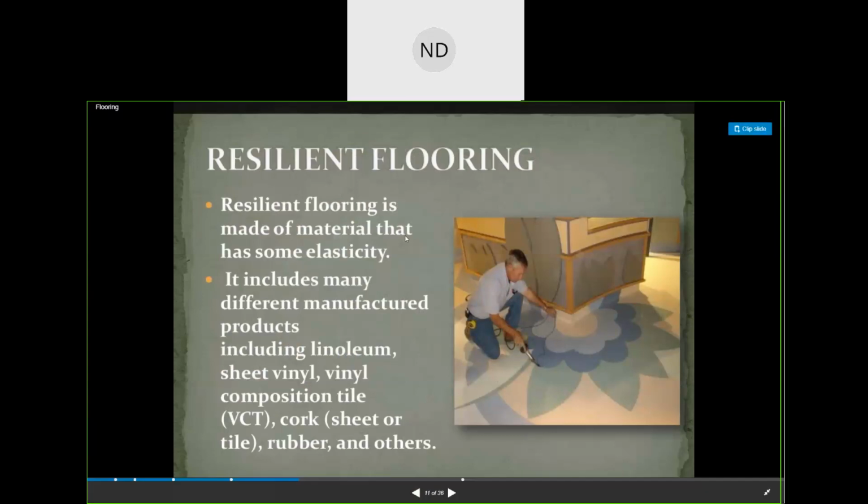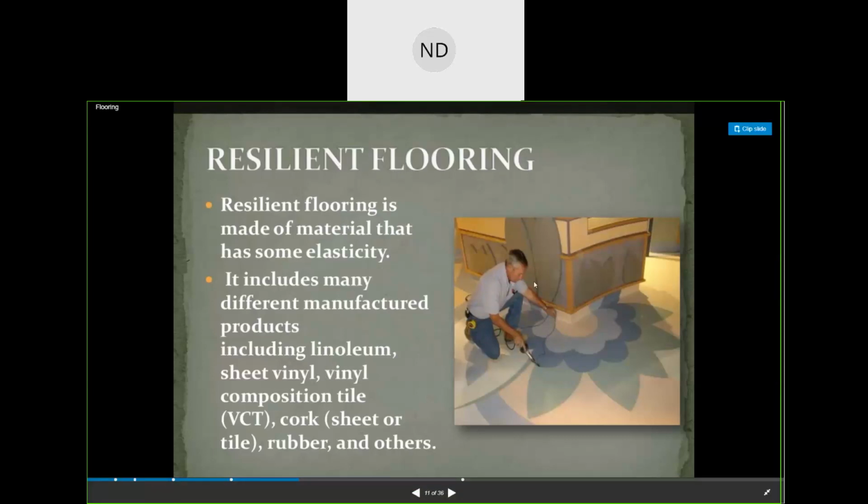Then we have resilient flooring. Resilient flooring is nothing but flooring made up of material that has some elasticity. It includes many different manufactured products, including linoleum and sheet vinyl. I was talking in the previous slide about the vinyl material you can use, so this comes under resilient flooring.